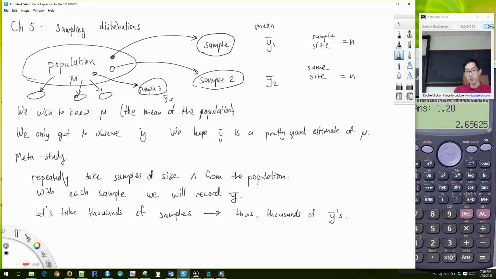So we're going to take thousands of these and thus thousands of y bars, and now that I've got lots of y bars, I'm going to make a histogram or a distribution. I want to study the distribution of y bars.